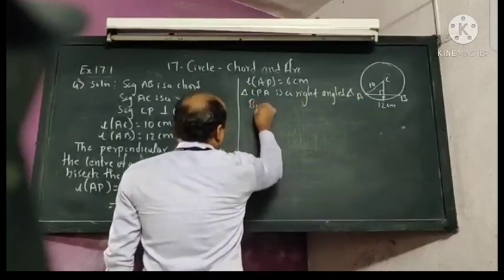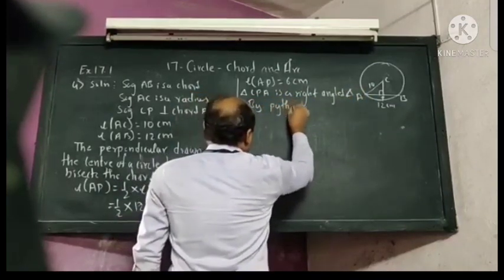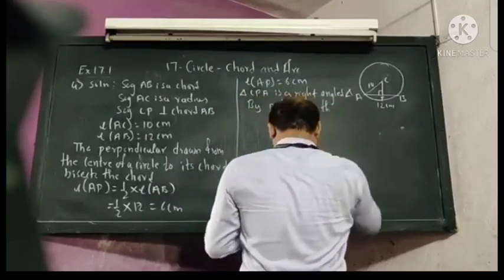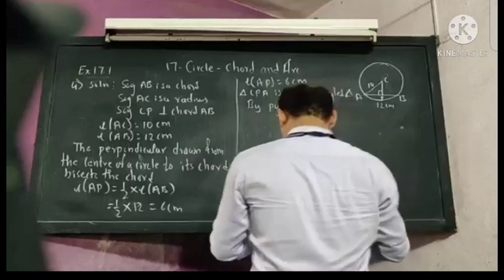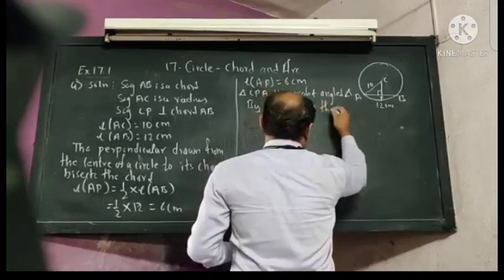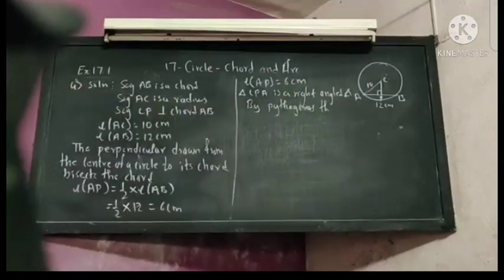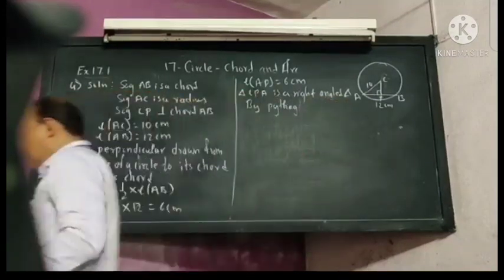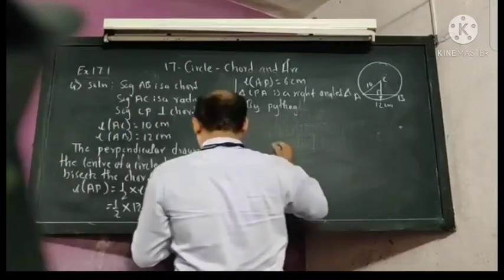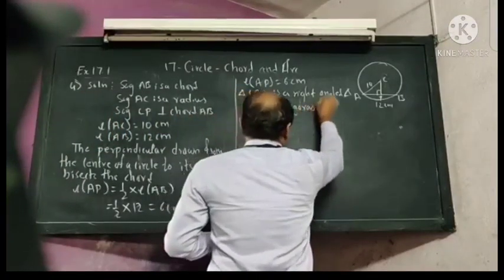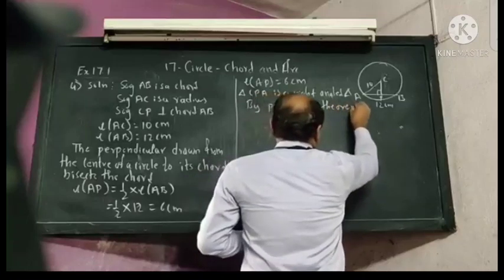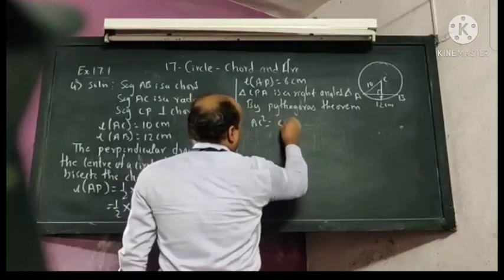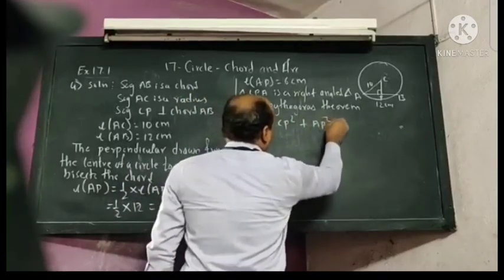So by Pythagoras theorem, AC square is equal to CP square plus AP square.